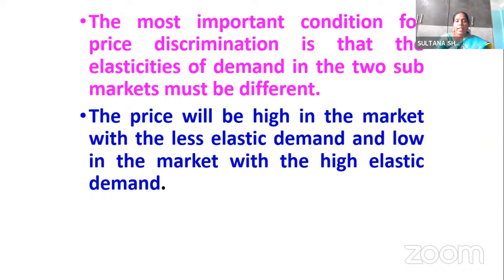For price discrimination, the elasticity of demand in the two submarkets must be different. That is one. Next, the price will be high in the market with the less elastic demand. It means in the market where the product has less elastic demand, the price will be high.